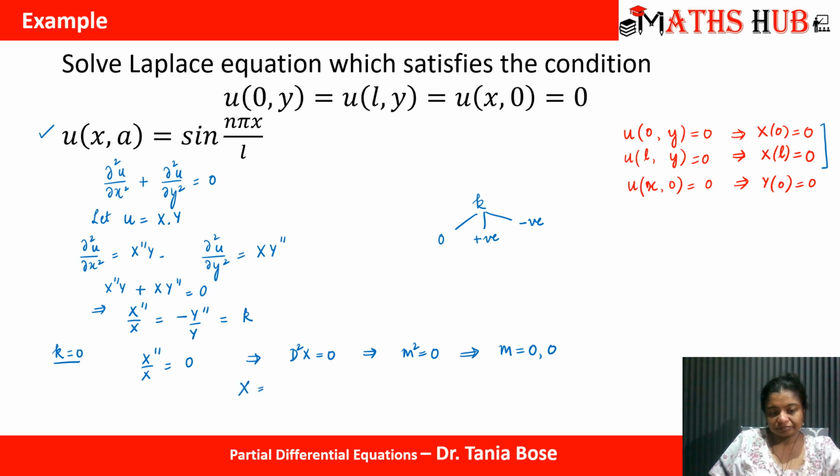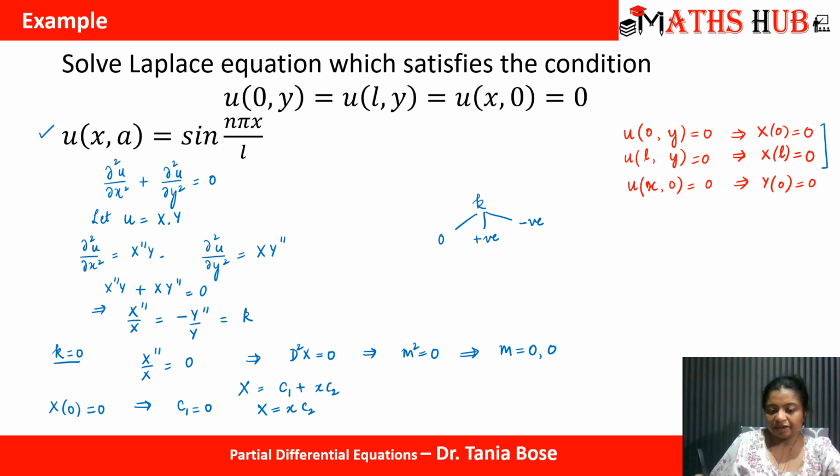X is c1 plus x times c2, right? If X is c1 plus x times c2, let's apply the conditions. The first condition is X at 0 is equal to 0. So when you put x as 0, we will get c1 is equal to 0. So from here, X will come out to be x times c2, right?